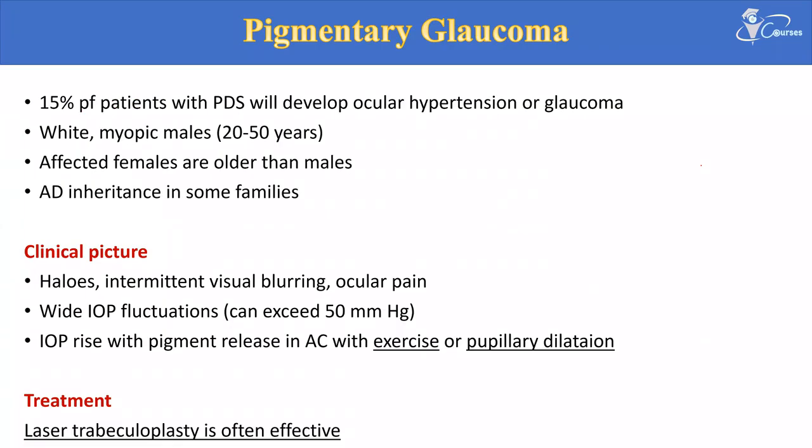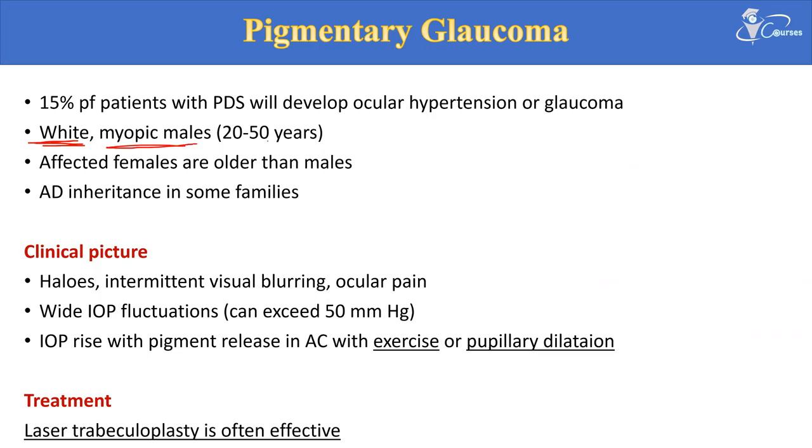Pigmentary glaucoma occurs in 15% of patients with pigment dispersion syndrome. So 15% of patients with pigment dispersion syndrome will develop either glaucoma or ocular hypertension. It has certain epidemiological predispositions: it is more common in white, myopic males.